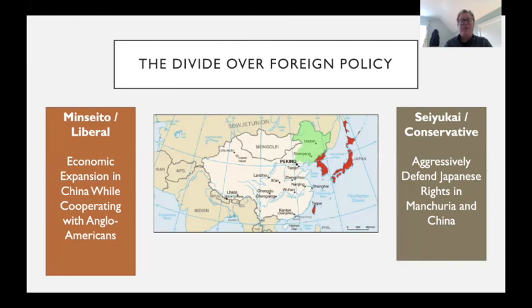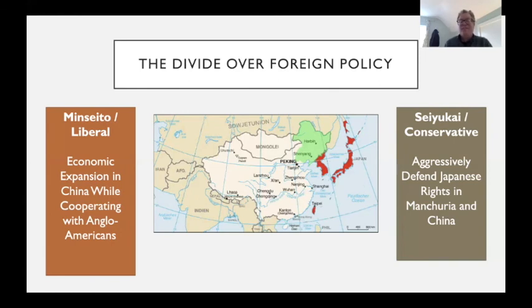The liberals in Japan are much more aware that any attempt to use the military to expand Japan's territory will immediately bring it into conflict with the two other leading powers in the world, the British and the Americans, as well as aggravate relations with the Soviet Union.